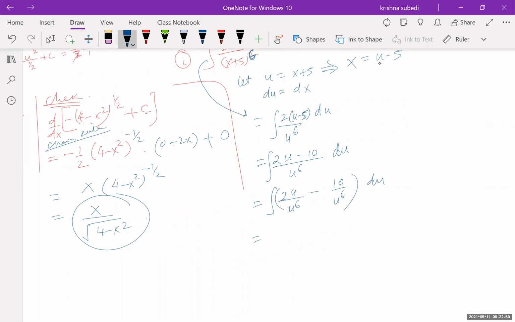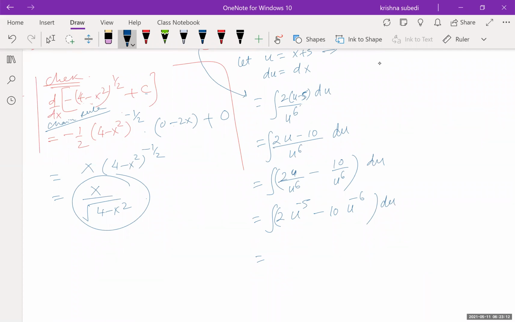So this will be the integral of 2u raised to power negative 5 minus 10u raised to power negative 6 du.